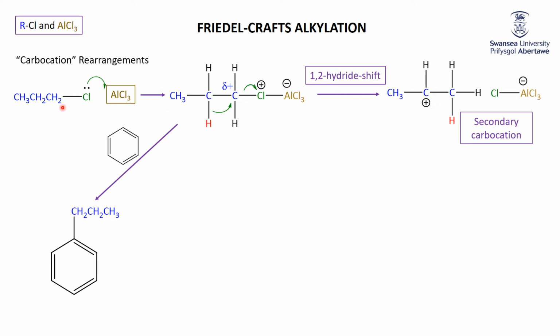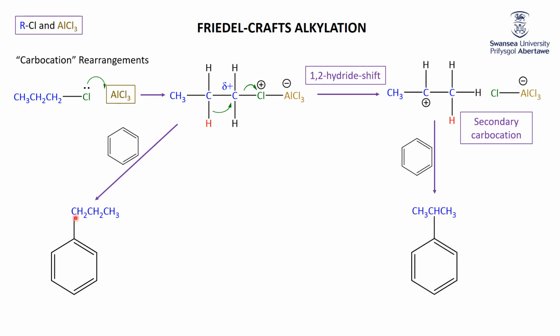So when you have a primary alkyl halide, you can have it so that the alkyl halide adds on in a primary fashion, as we see here, or alternatively, some of it can undergo a 1,2 hydride shift when it's made this complex with the aluminium, okay? And now it's the middle carbon that is the one that is positive, this middle carbon that is the electrophile. So now when you put benzene there, you make this.